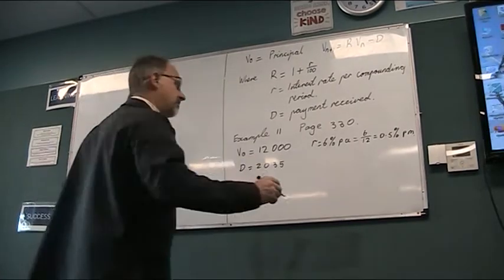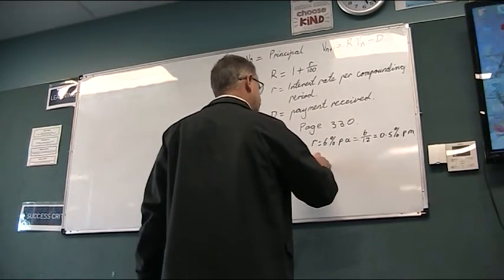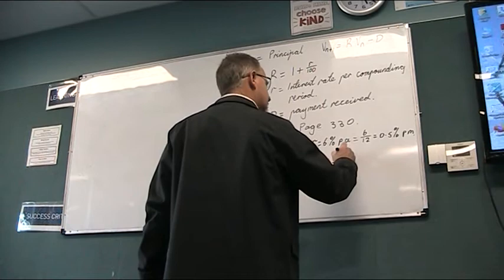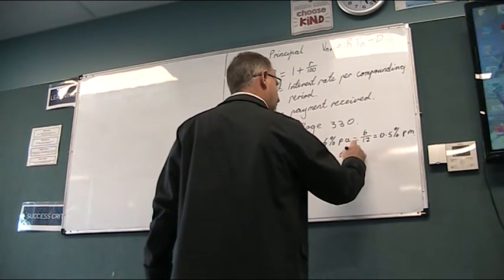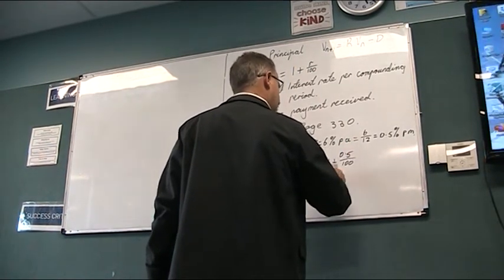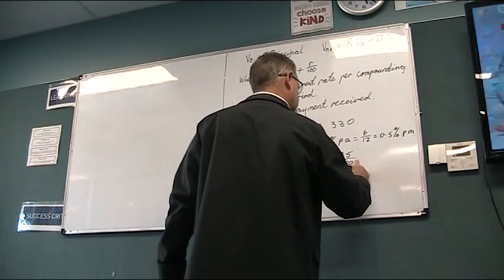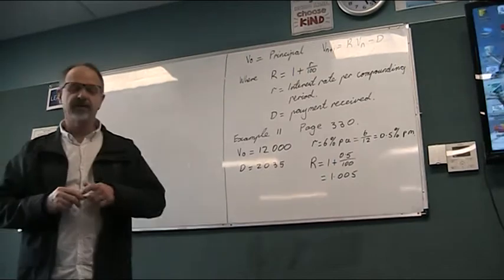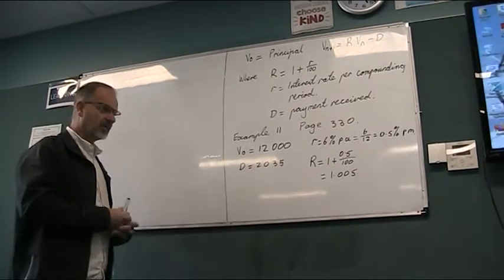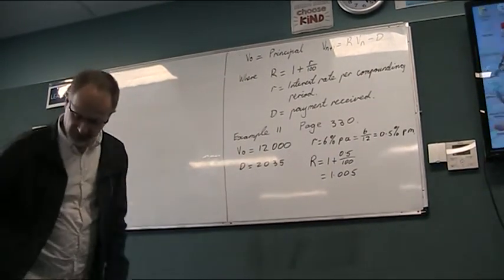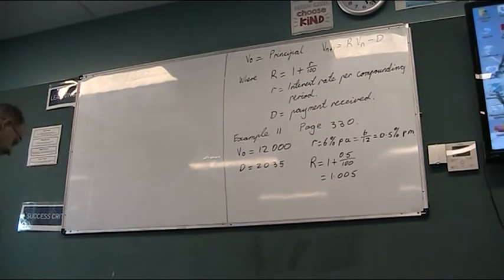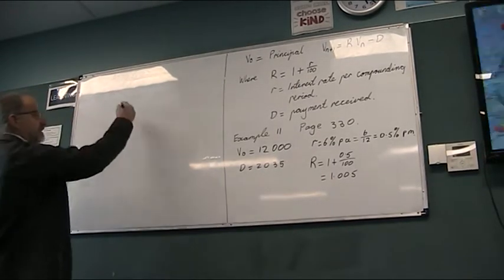So our big R would be 1 plus 0.5 over 100, and when you work that out, it becomes 1.005.